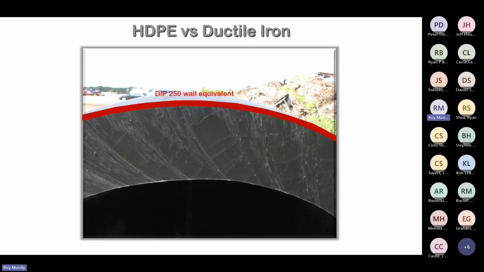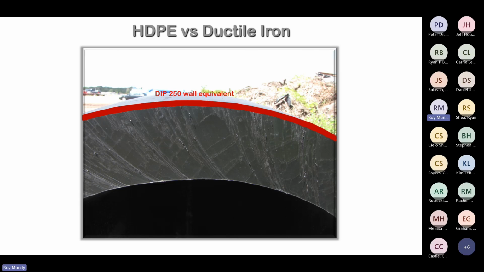Obviously, a very dramatic difference is the issue of comparing ductile iron with HDPE, whereby you have a tremendously thick wall. And basically, when you're comparing HDPE with ductile iron pipe, you have to go up to the next diameter of HDPE even to equal the hydraulics.